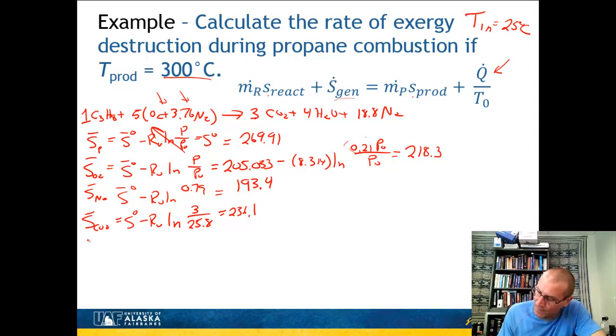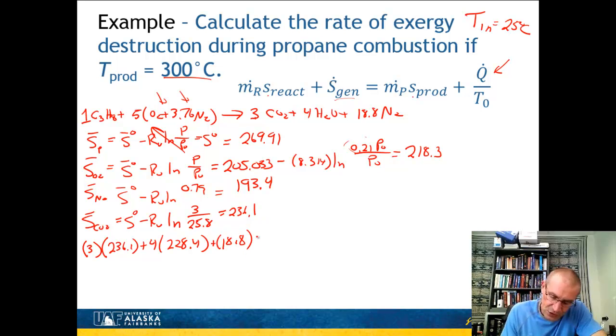Let me just go ahead and write that out. What we're going to do is we're going to do our products minus our reactants. So I have 3 for CO2. The value for CO2 is 236.1. I'm going to add the water, and that is 4. And the value for water, okay, I skipped, was 228.4. And then I'm going to add my nitrogen at the outlet, so 18.8, and that's 214.7.